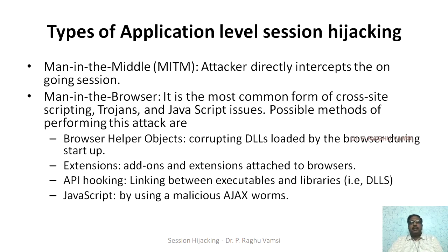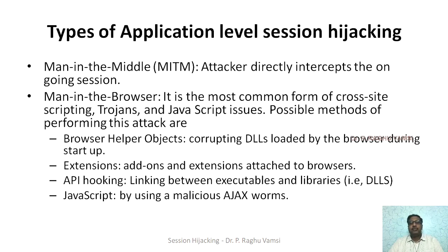Next one is API hooking, linking between the executables and libraries. Here, executables and libraries means usually your add-ons or whatever scripts run under the web browser will make use of some dynamic link libraries. These executables and dynamic link libraries are attached together via the development platform that we are using with the browser.